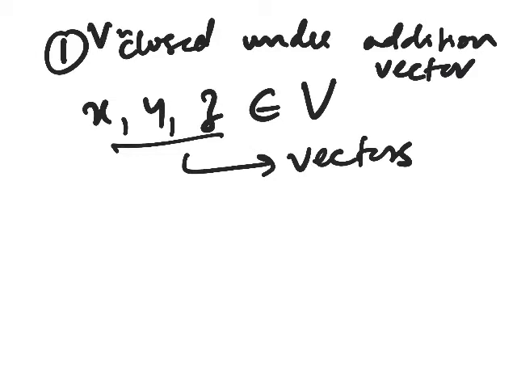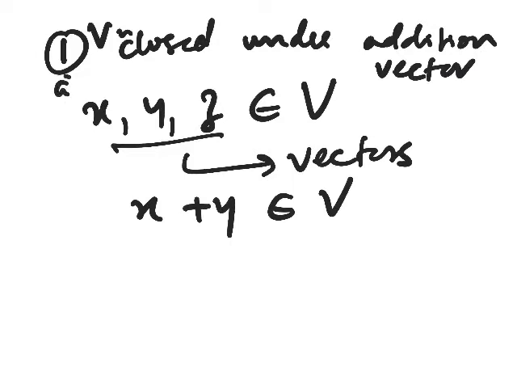Closed means, when you take 2 elements and you add them, the sum should also lie in the same set. So if x, y are elements of V, x plus y should also be an element of V. That is what we saw in the beginning, right? You take 2 polynomials, add, it will come back to the same set. That is being closed under addition. Fine?